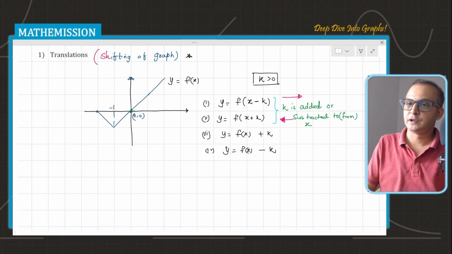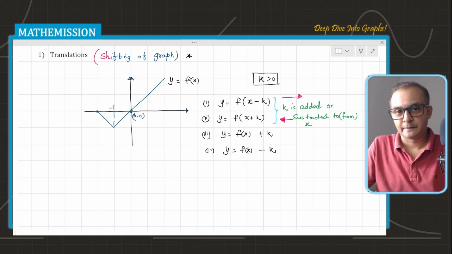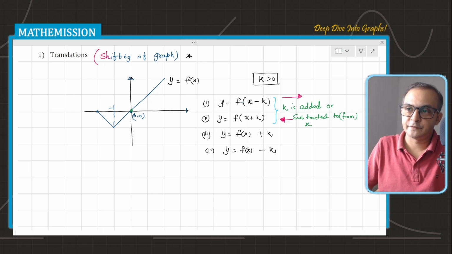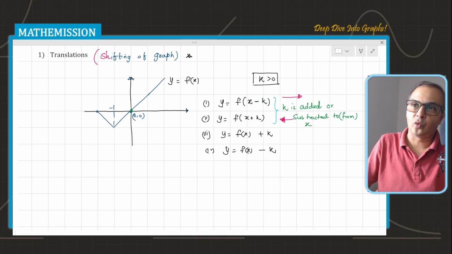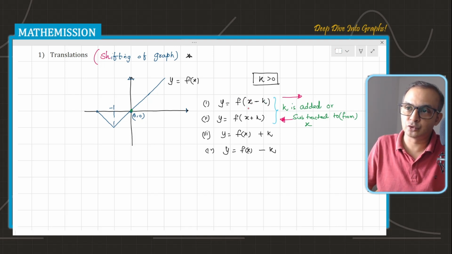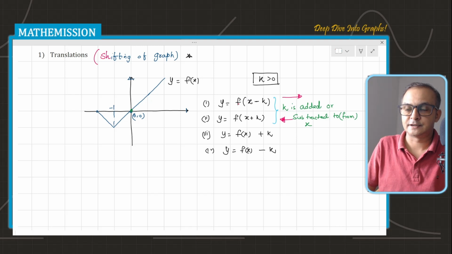Now ask yourself, if the change happens to the function from inside, f of x minus k, what x will make you get the f of 0 is equal to 0 kind of behavior once again? Means at what value of x the value of y will become again 0.